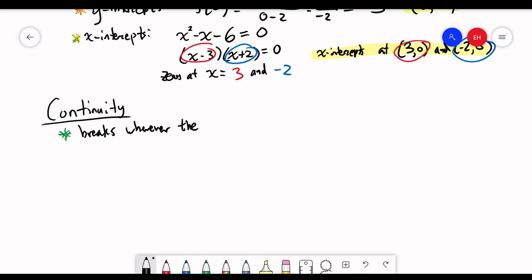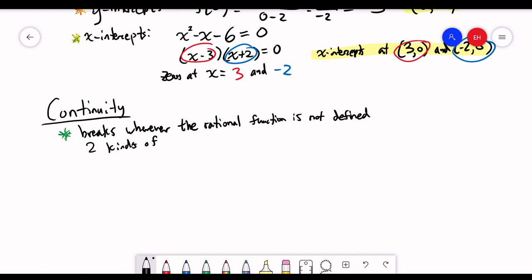So what does it mean for the graph to have continuity or to be continuous? Well, rational functions are going to have breaks in them because of having a denominator that can be undefined. So with a rational function, you're going to have a break wherever it's not defined.